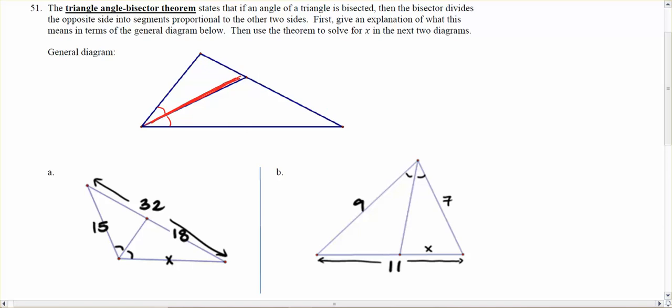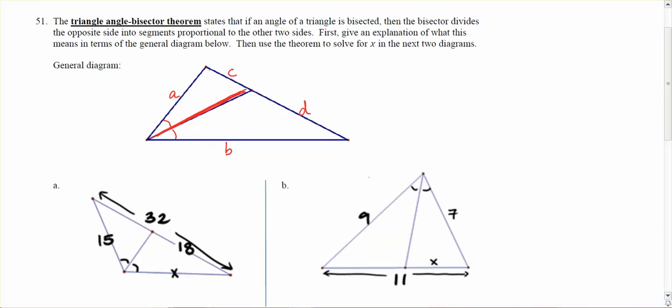I'll call the sides of the triangle next to the bisector A and B. And then I'll call the third side that got cut up by the bisector C and D. And so really all it means is that since it's cut up proportional to the other two sides, if you make a proportion out of this side, C over D, that's the same thing as A over B.